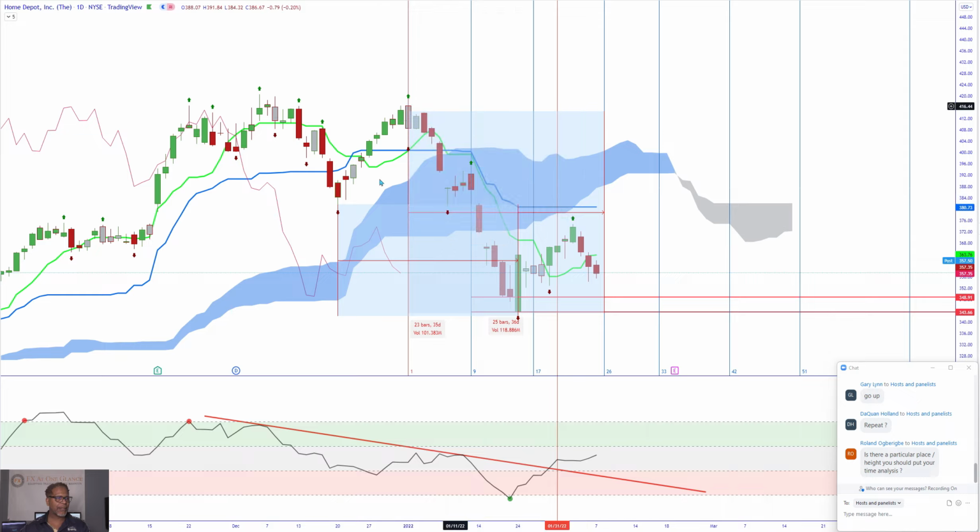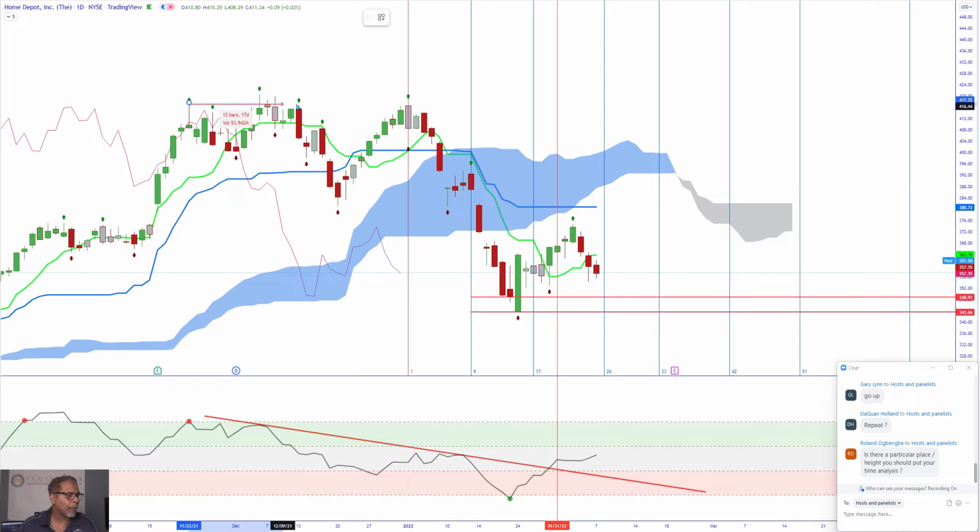Let me give you an instance. It's not going to line up right here, right now, because I don't see anything that's really lining up. But let's say this top was 14 days. Then we take this top, 14 days.